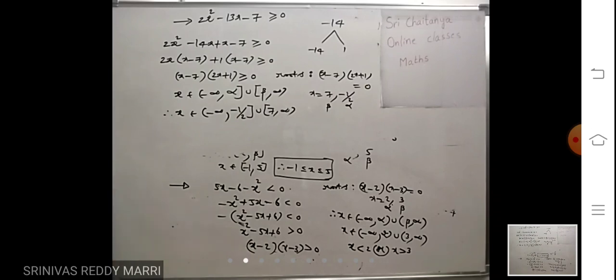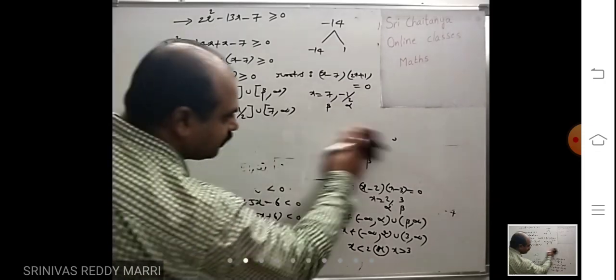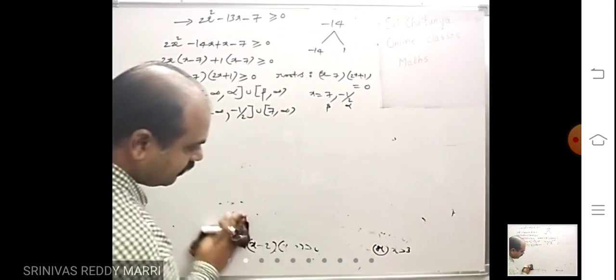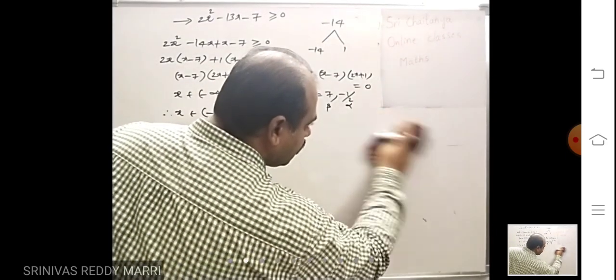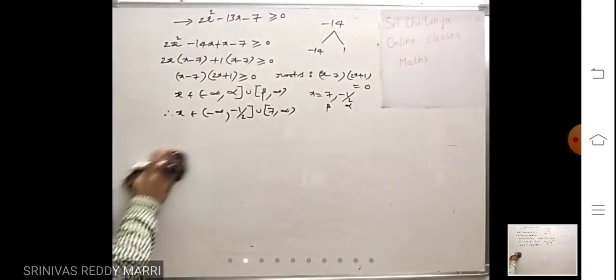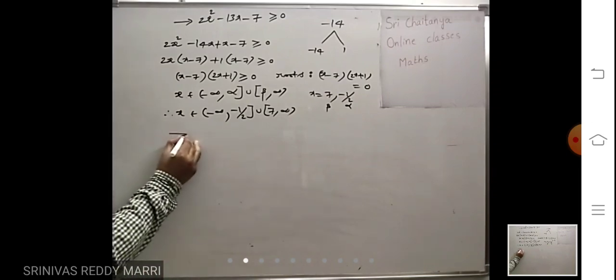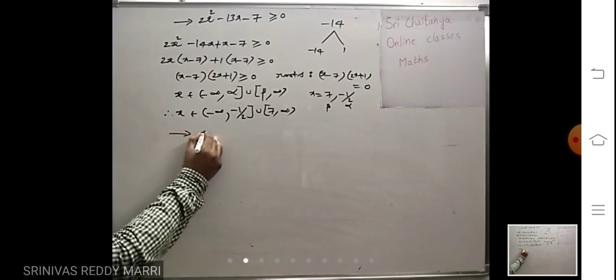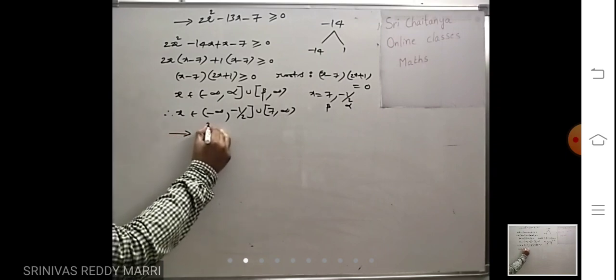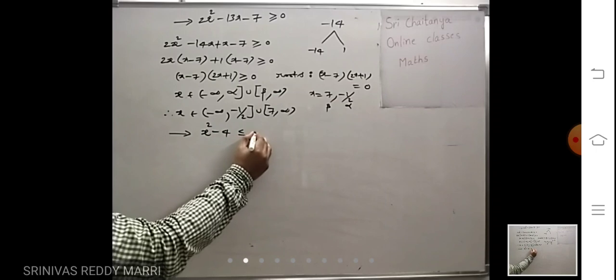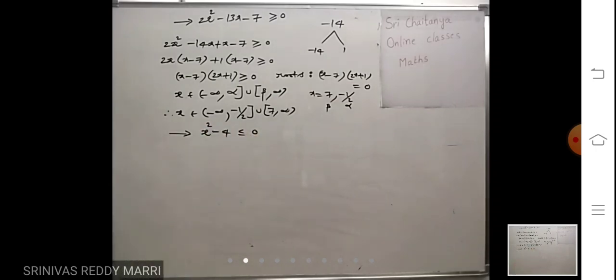Right? Like that, how to factorize them? So suppose it is like this.